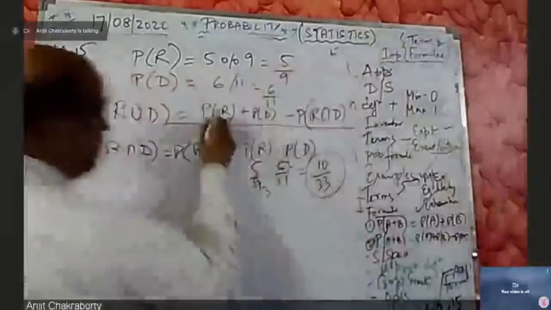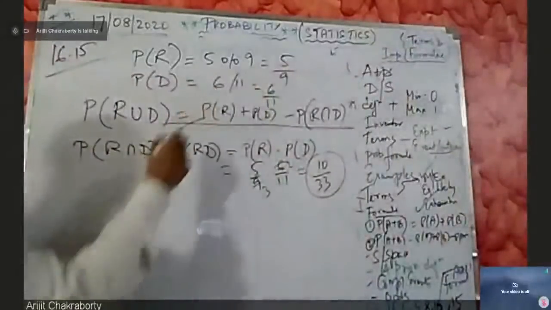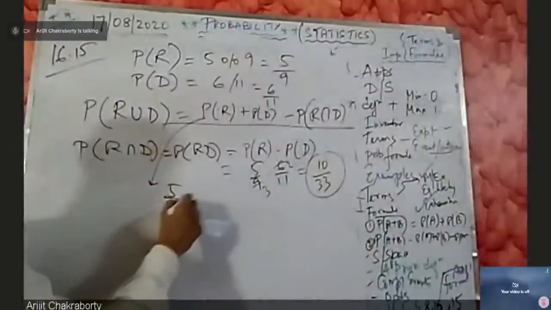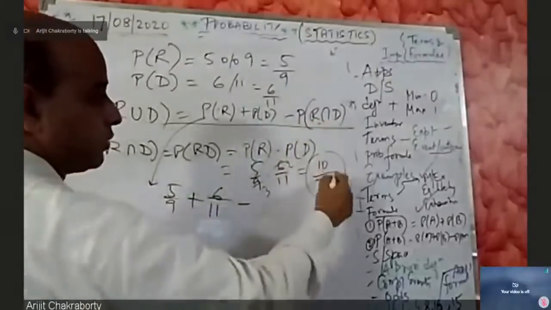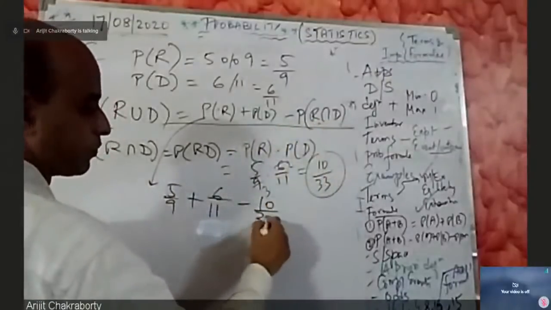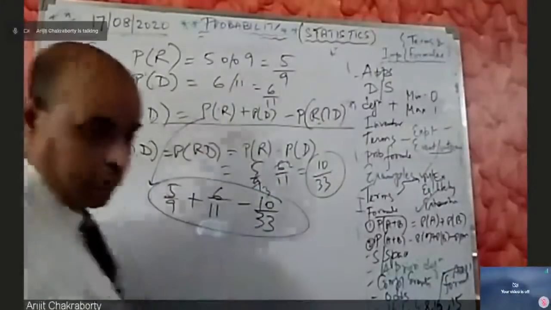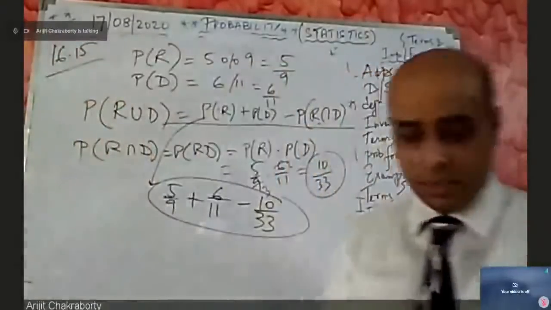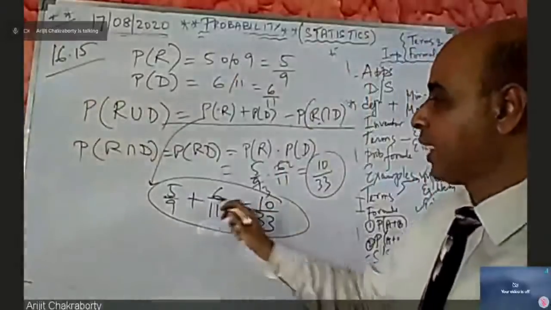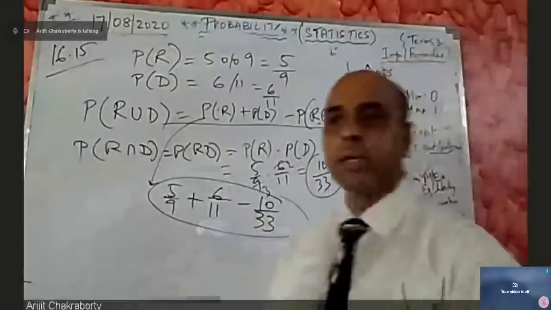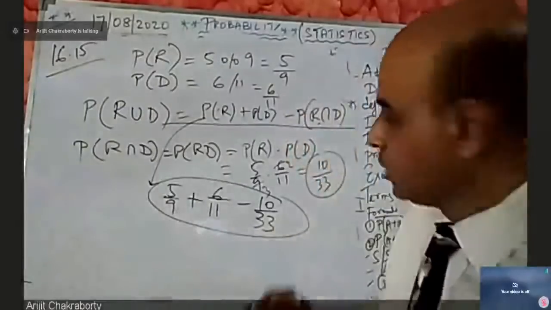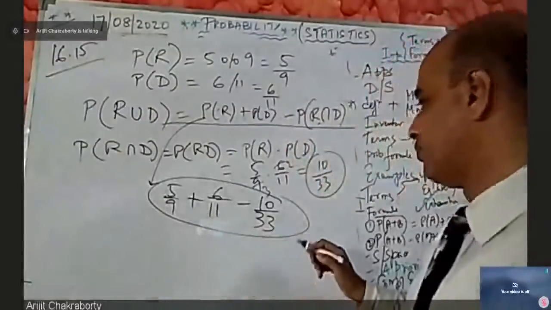So now we know P(R) is 5 by 9 plus P(D) is 6 by 11 minus P(RD), that is 10 by 33. Let's work out and see what happens: 5 by 9 plus 6 by 11 minus 10 by 33. If you solve it, you will be getting the value of 99 if you take the common denominator.